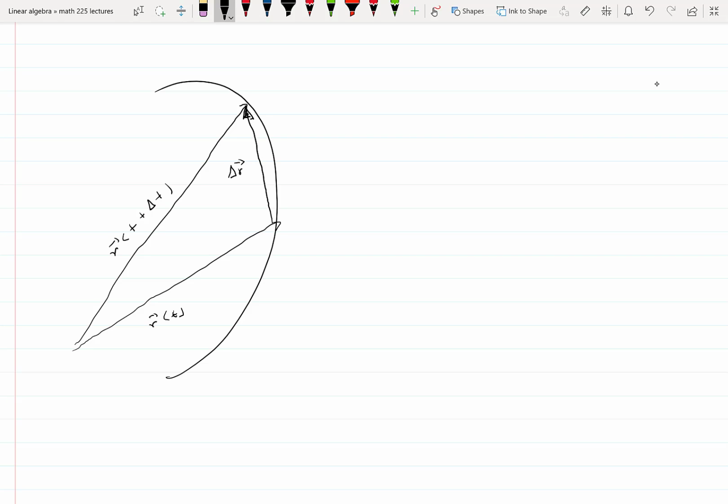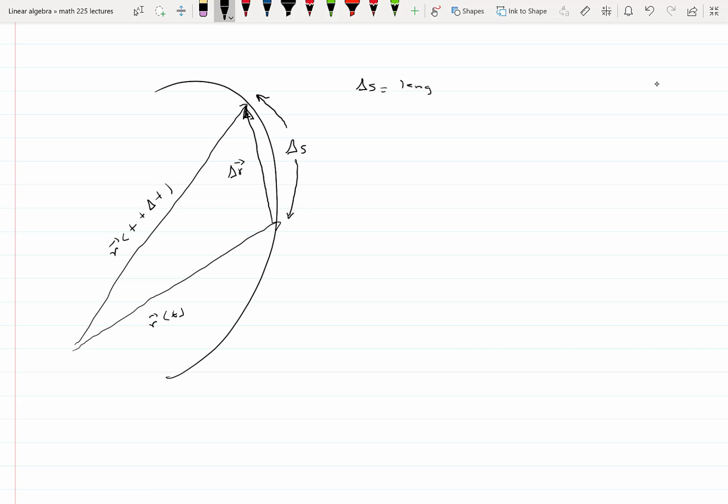In fact, with my curve, the length of delta r is smaller than the desired delta s, the desired change in the arc length. Kind of backpedaling here, delta s is the length of the arc of the curve between the two position vectors.